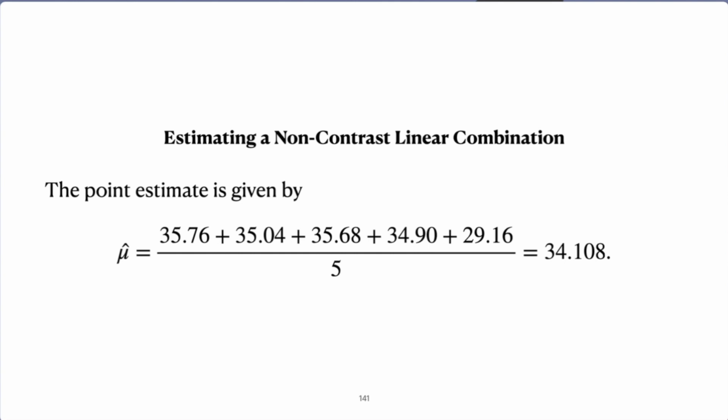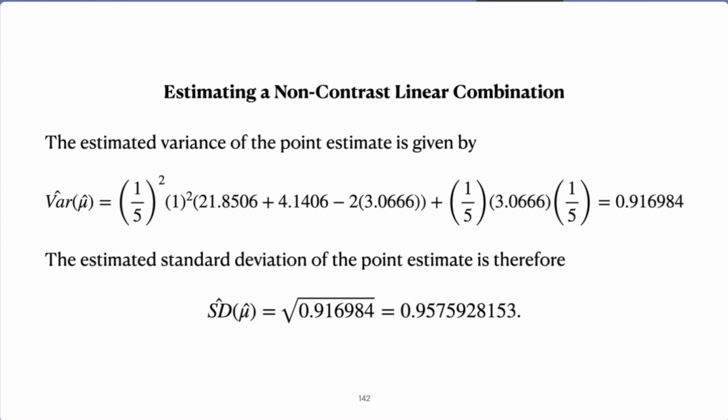Now, the point estimate for mu is just that same linear combination, but of the point estimates of the individual treatment means, and that turns out to be 34.108. All right, now using the formula for the variance of an estimator for a non-contrast linear combination, we get the following formula, with the values plugged in.